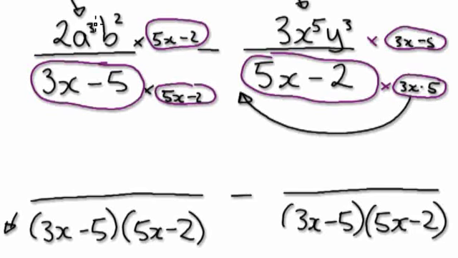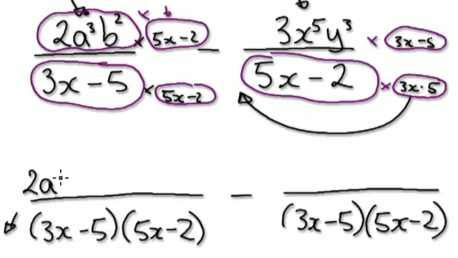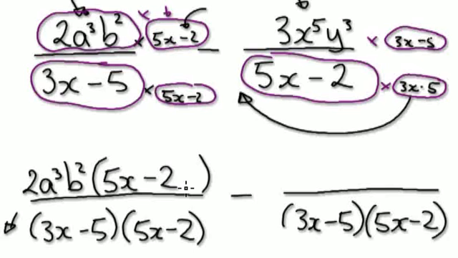Now it's just a matter of this bubble here multiplying it with this bubble here. So you will have this 2a to the power 3 b squared times. Remember, this exists in a bubble, and there's a minus in between. So we've got to put in brackets. So it will be like this.